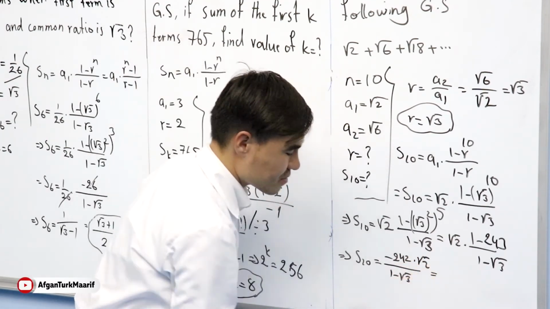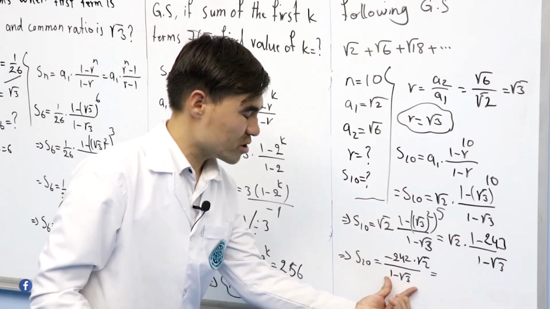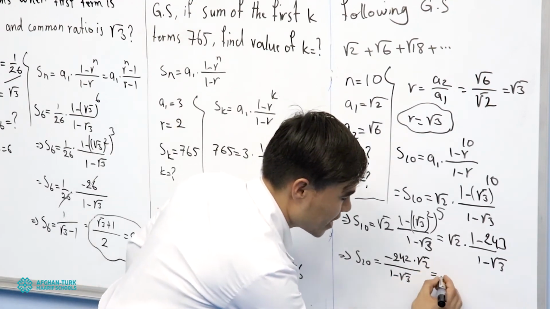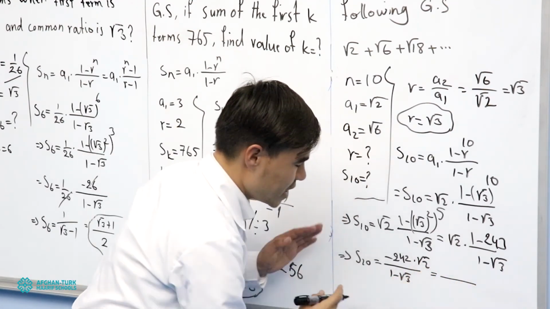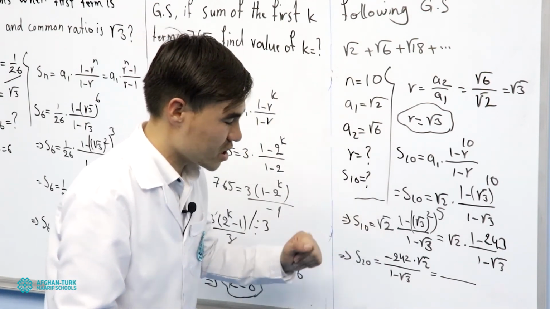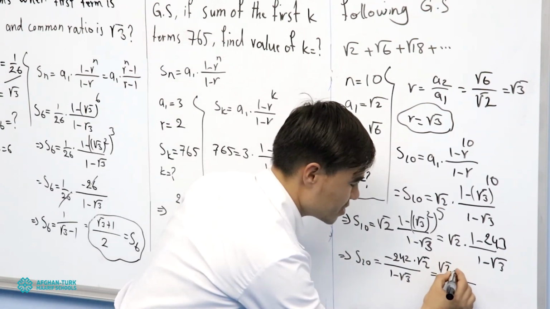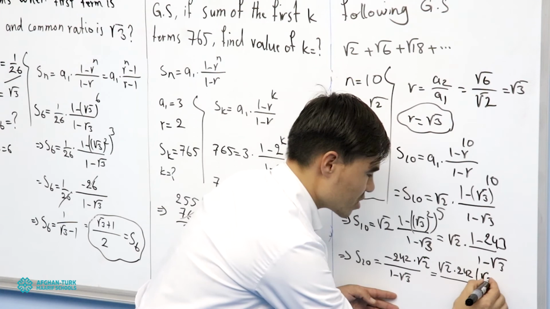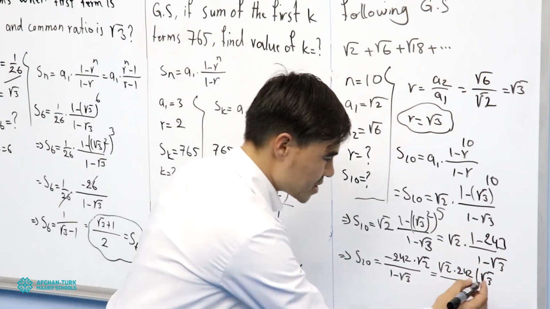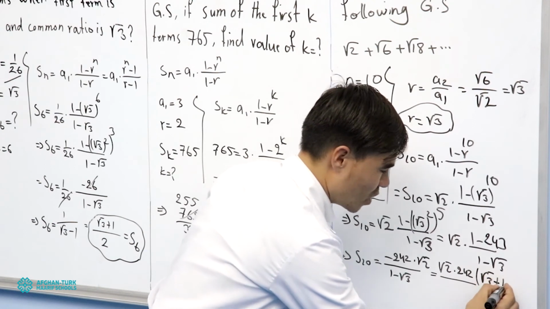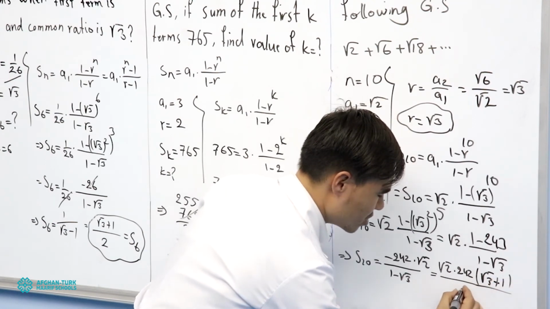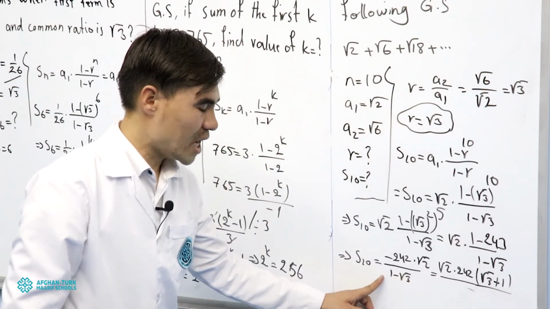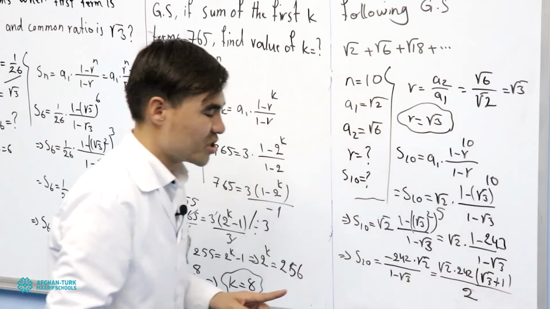Here, when I multiply by the conjugate of the denominator, I will have, when I cancel the negatives, the square root of 2 times 242 times square root of 3 plus 1, over square root of 3 to the power of 2 which is 3, minus 1, which will be positive 2.